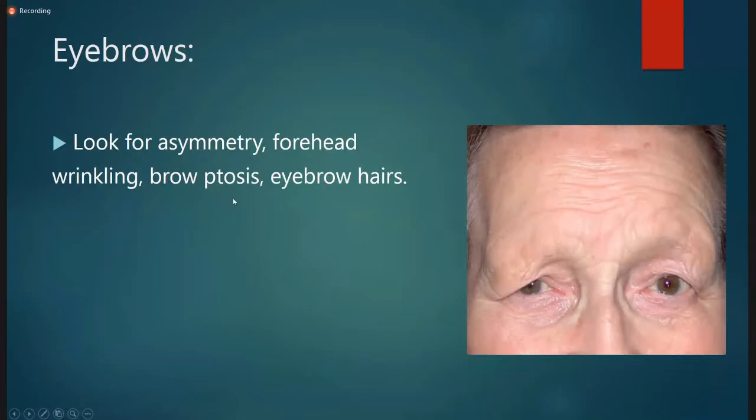So this is brow ptosis, not actual ptosis. You have to see the symmetry of the eyebrows of the two eyes. You should see the wrinkling. You should see the eyebrow hairs. If the eyebrows or eyelashes are scanty, we call it madarosis.